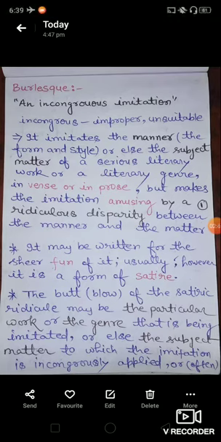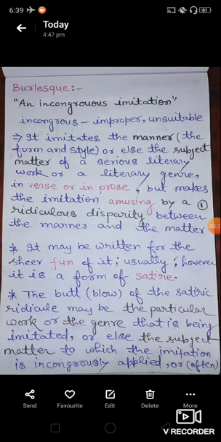Focus on the words. It imitates the manner or else the subject matter of a serious literary work or literary genre. When we talk of manner, while imitating manner, it can imitate the form and style of the text, or else the subject matter, means the content.